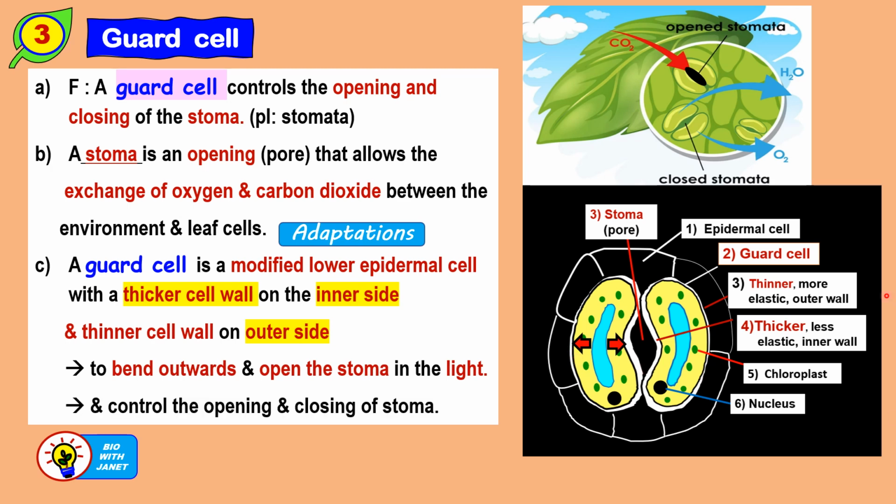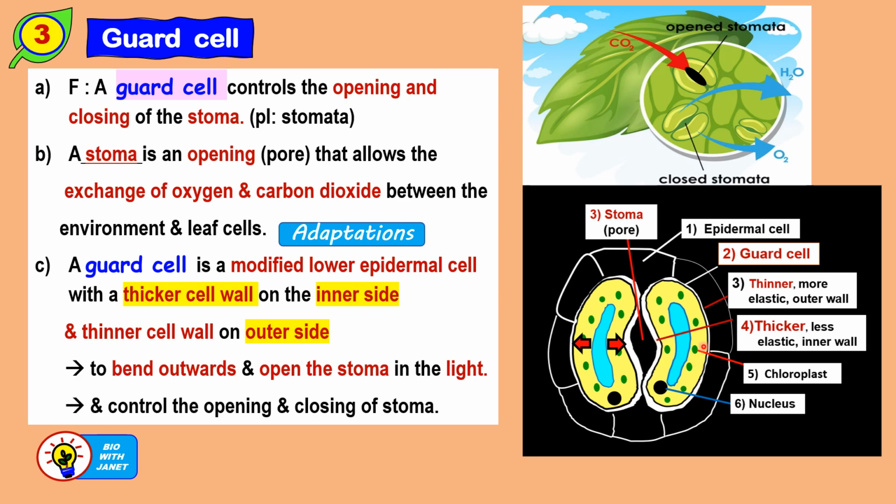Now, the mechanism of the opening and closing of the stoma will be studied in Form 5. But let me give you a brief idea to help you understand. The guard cells are very special. They have a lot of chloroplasts compared to other epidermal cells that don't have chloroplasts. When they are exposed to sunlight, they will open the stoma.